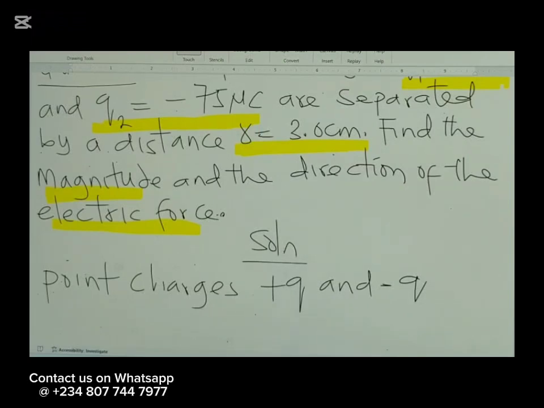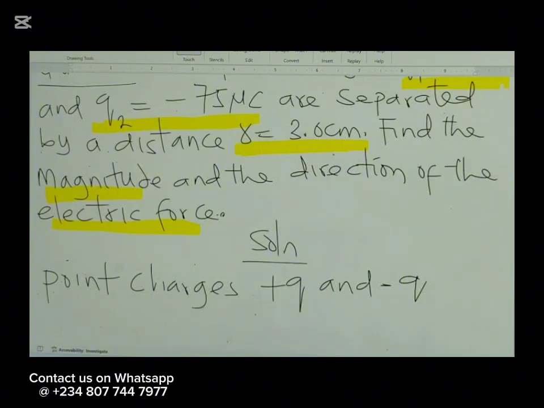If it is two point charges, that means one is going to be plus while the other one is going to be minus.